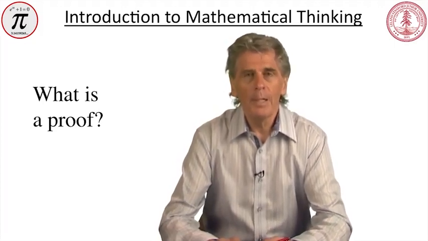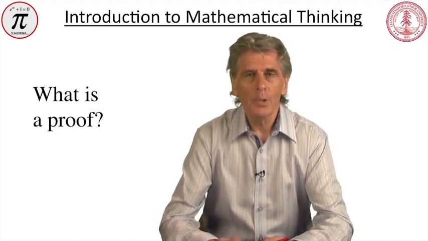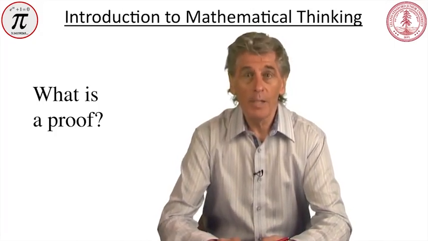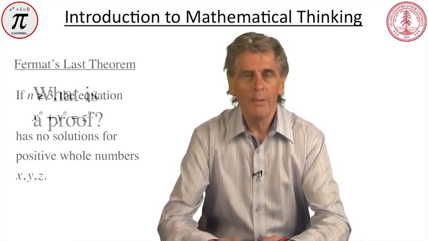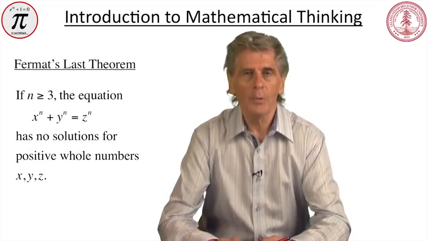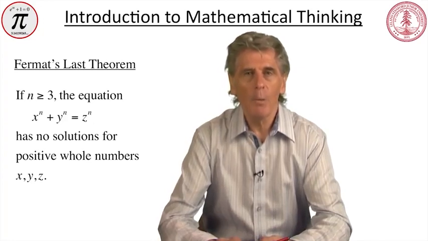For example, for many centuries, most mathematicians believed, or at least held a strong suspicion, that for exponents n greater than or equal to 3, the equation x to the n plus y to the n equals z to the n has no positive whole number solutions for x, y, and z.